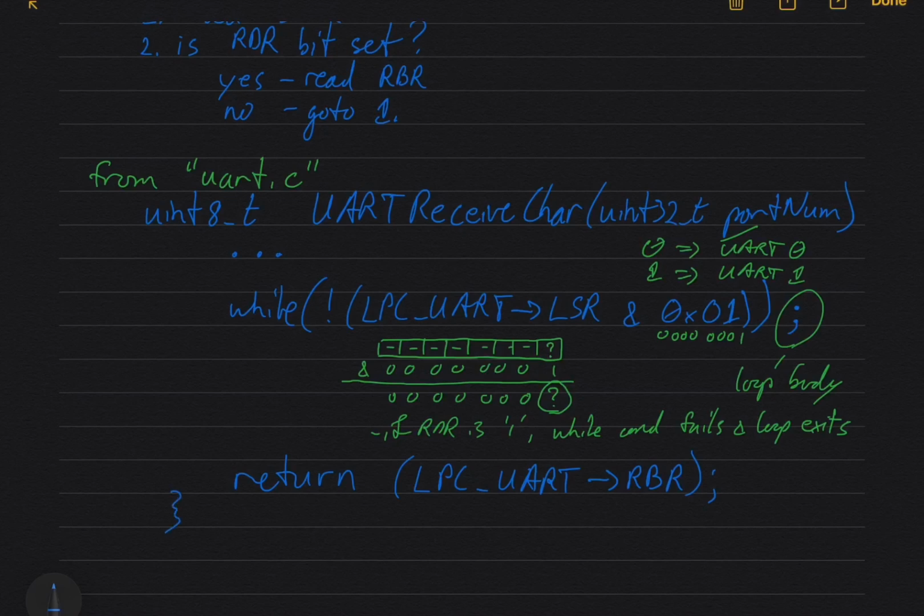When we read that, which is what we're doing when we return that value to the calling code, that will clear the receive data ready bit. So I'll just add a note to that effect: reading the RBR clears the receive data ready bit in the LSR.